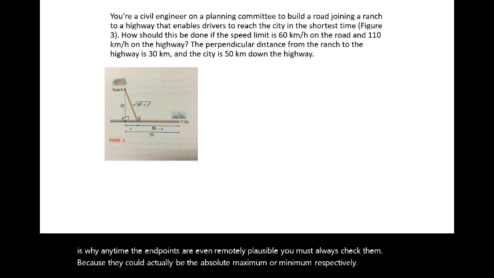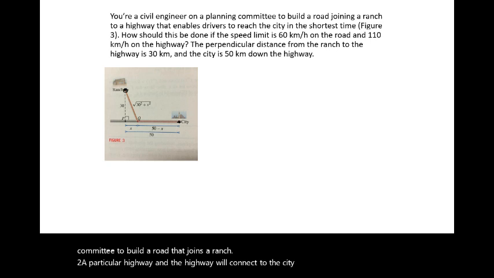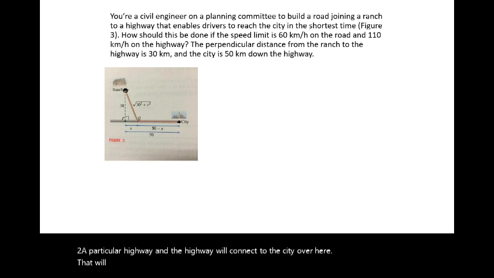Now for this last one, let's say that you are a civil engineer and you are on a planning committee to build a road that joins a ranch to a particular highway, and the highway will connect to the city over here. That will enable drivers to reach the city in the shortest time. So our objective is we are minimizing time again.